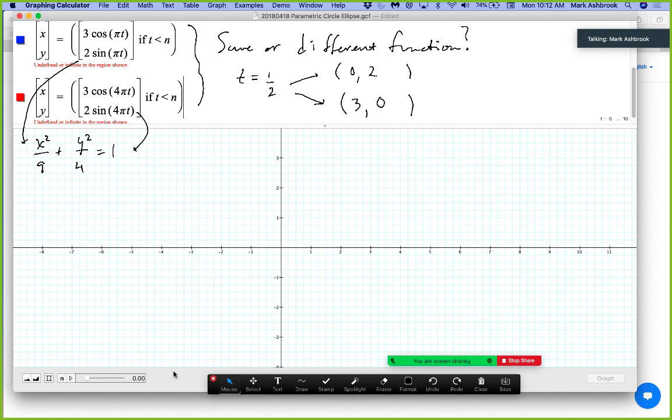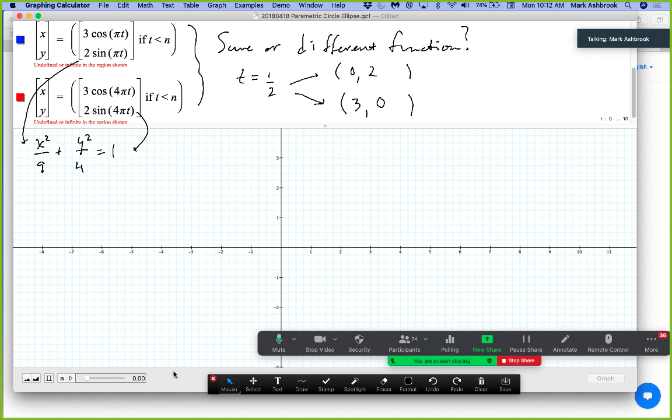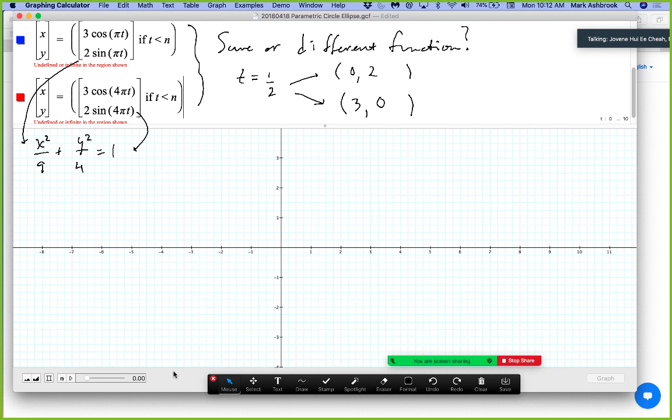Okay. But they still trace the overall same shape. All right. So same set of points in the same direction. Then what's different? For every value of t, there's a different ordered pair. So if I were to let t go from 0 to 1/2, what would happen in terms of generating the two curves?